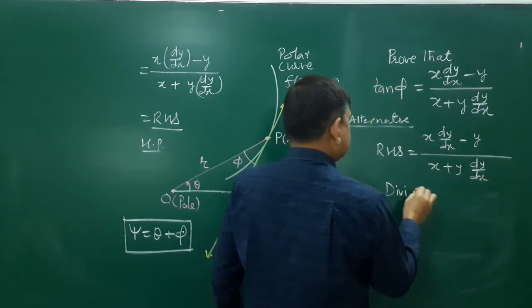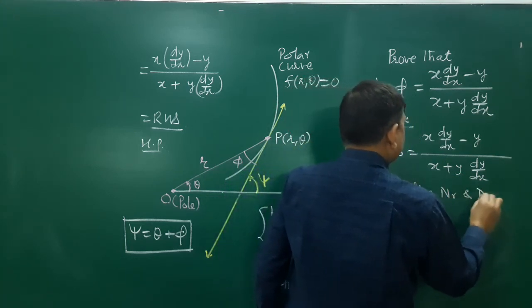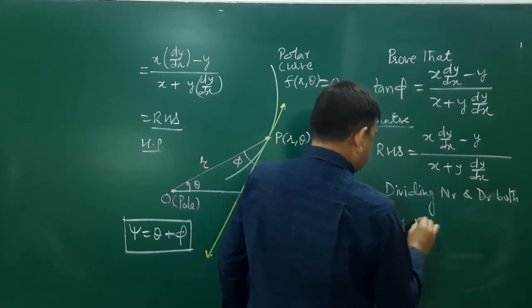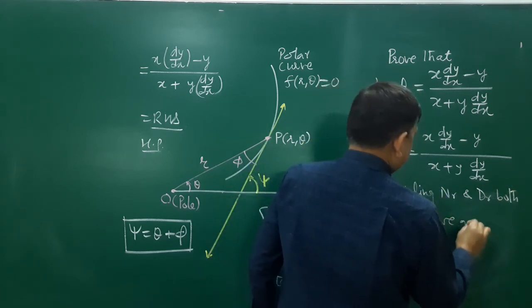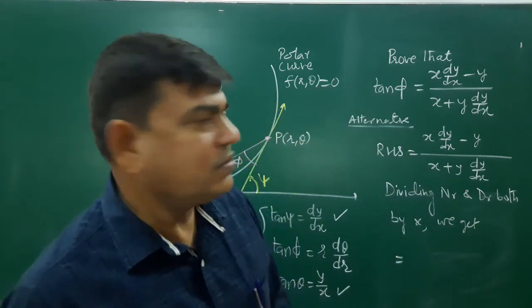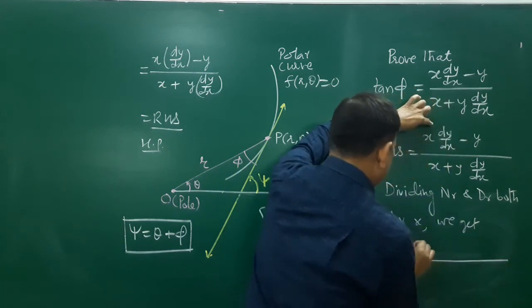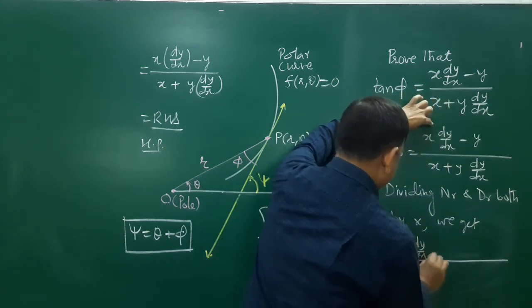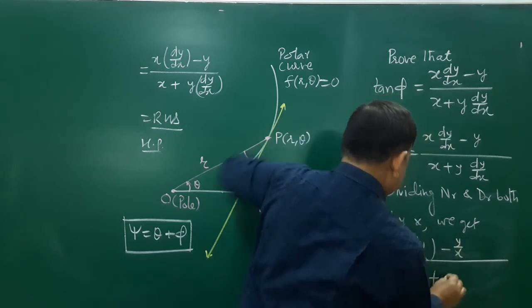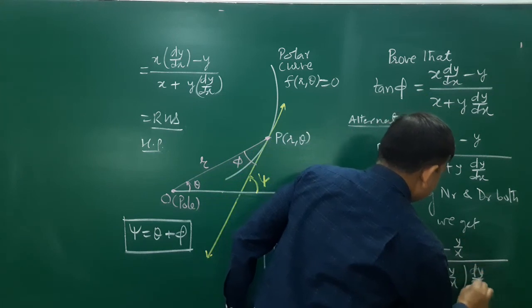Dividing numerator and denominator both by x, this is dy by dx minus y upon x over 1 plus y upon x into dy by dx.